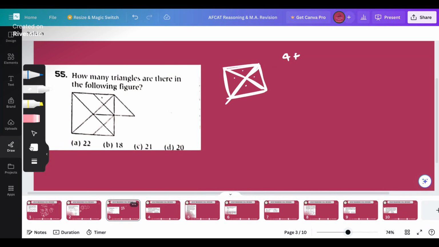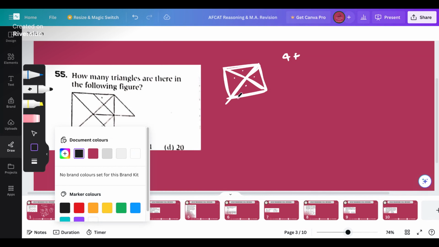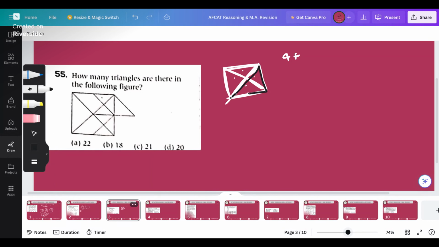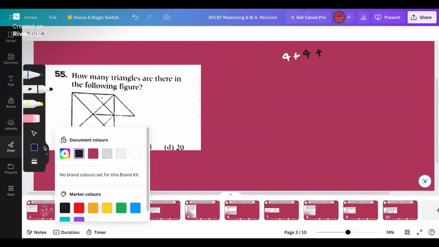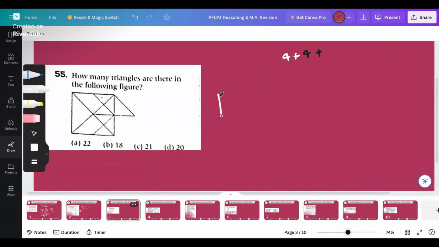If you want me to change the color of my pen, I'll do it. It's something like this. Just look at this. These will also give you another 4, right? So write 4 over here, plus. Let me redraw it for your easy understanding.